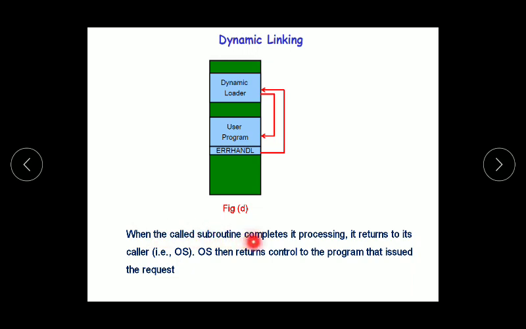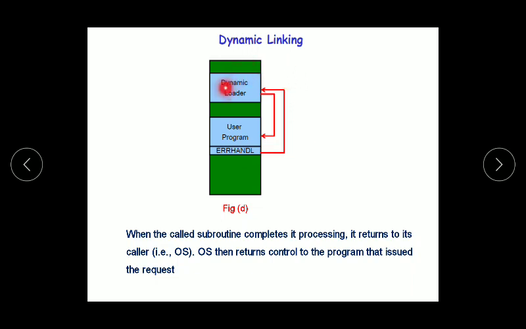When the called subroutine completes its processing, okay, error handler completes its processing, it returns to its caller. So control will be returned to its caller. Who is the caller for error handler? That is the dynamic loader. The OS then returns the control to the program that issued the request. See, error handler will return the control to the operating system.